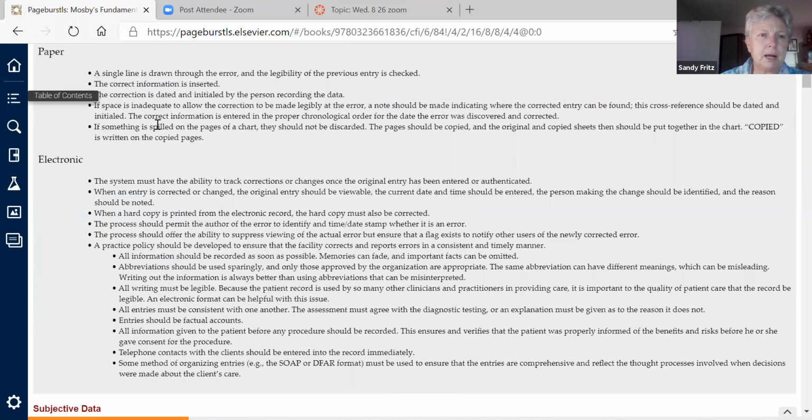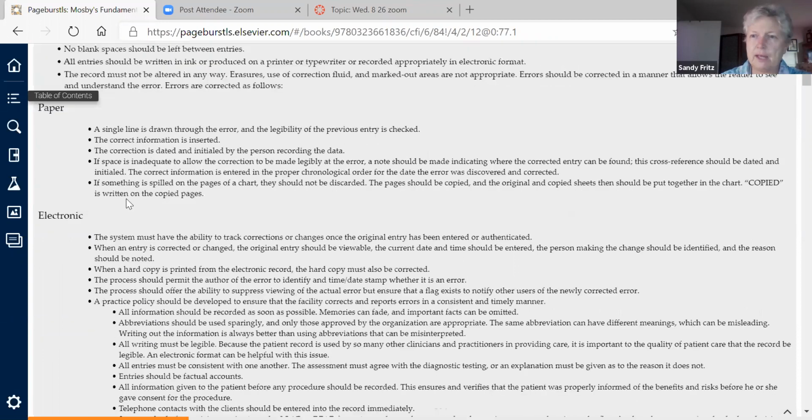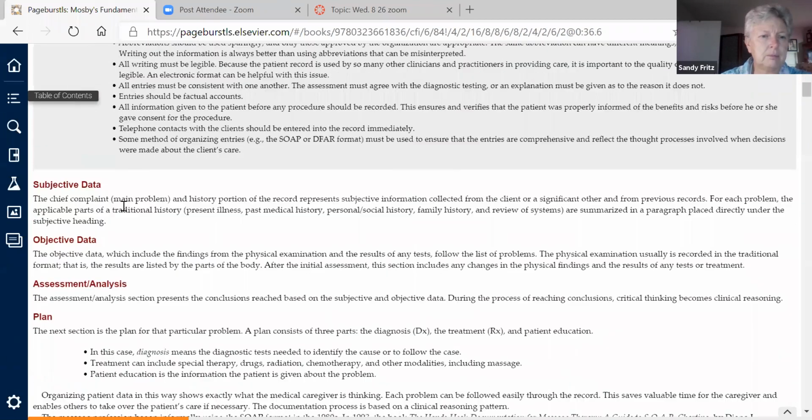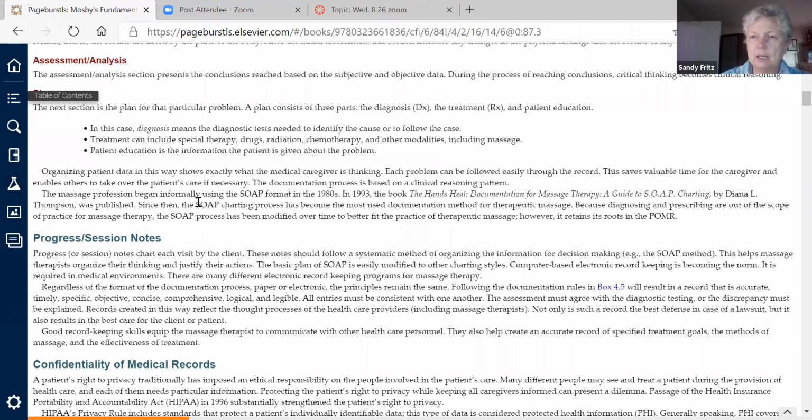So this box gives you a little bit more overview on what that is. So here is your general outline: subjective, objective, assessment and analysis, your plan. And we discuss specifically what each of these means and what category you would put stuff in.